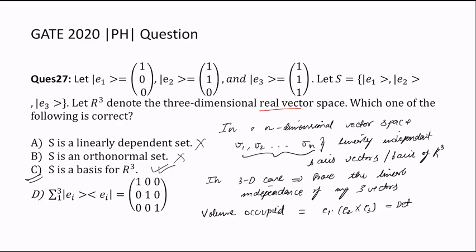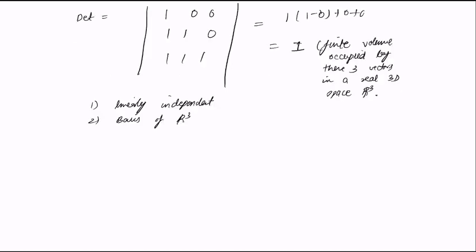And option D, when we compute this, we just compute 1 0 0 times 1 0 0 plus 1 1 0 times 1 1 0.